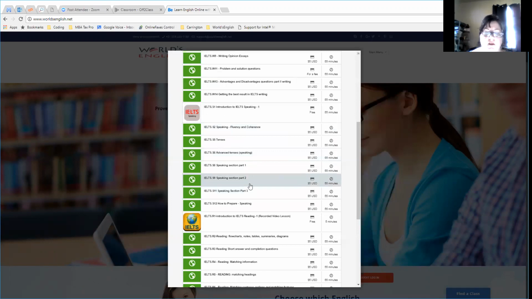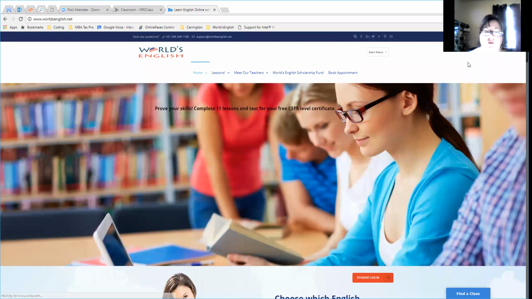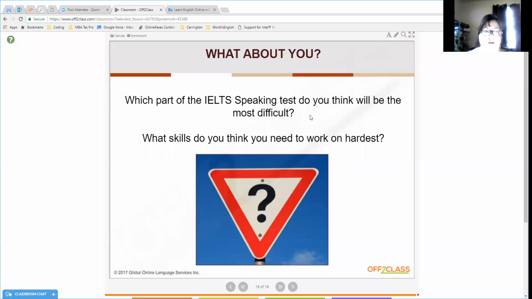And then there are things that refer more to individual issues like fluency and coherence or tenses. But these would be the main sections of the exam, and this will give you the templates and tips that you need for each type of question. Okay, so those ones I would recommend as a must.